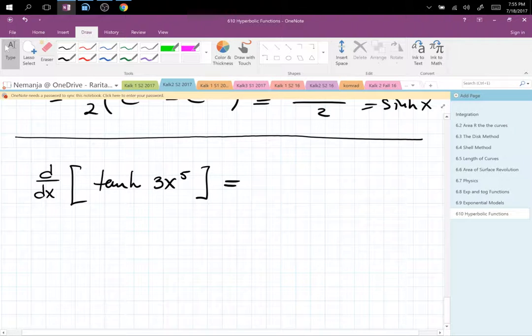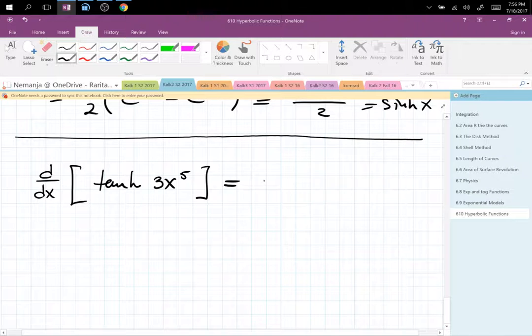So what's the derivative of tangent? Secant squared.